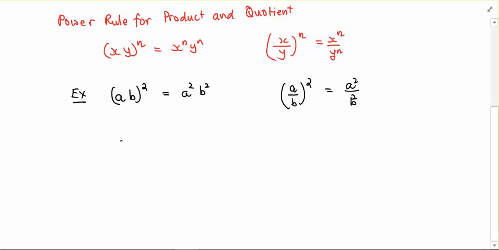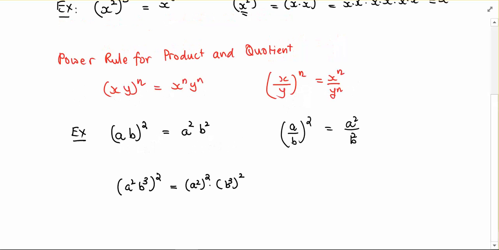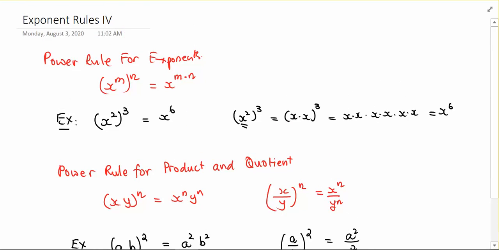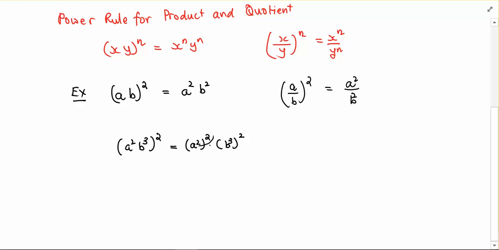So what if you had a squared b cubed, squared, right? Well, it turns out that you can think of this as a squared squared and b cubed squared. And you can see how now we can use the first rule, the power rule for exponents here. So these two would give you a to the fourth, and then these two would give you b to the sixth. Now, does that make sense, right?